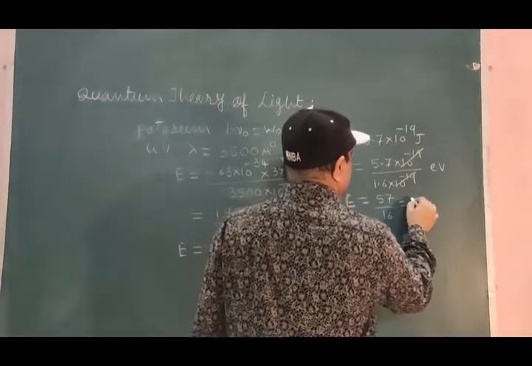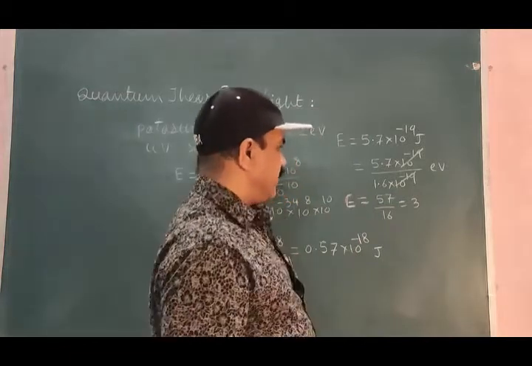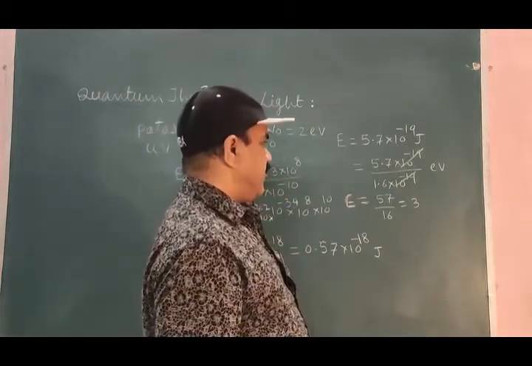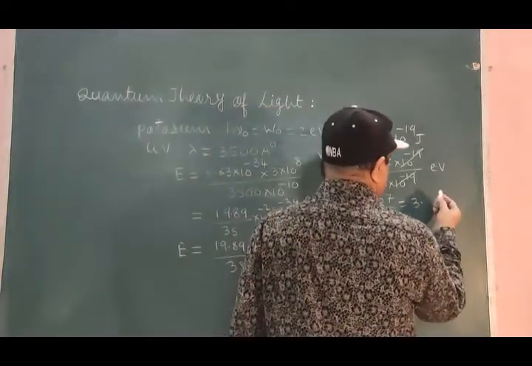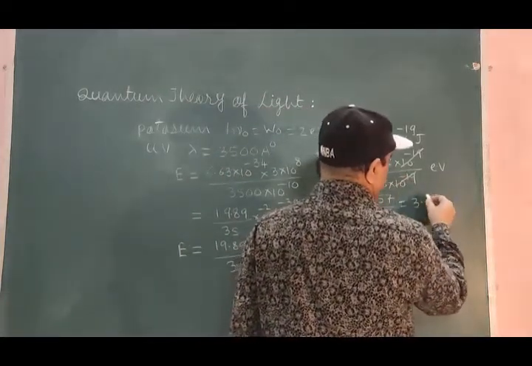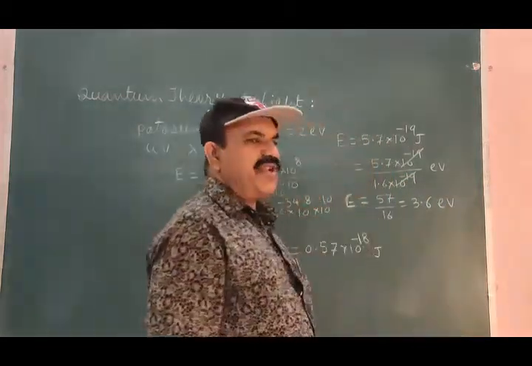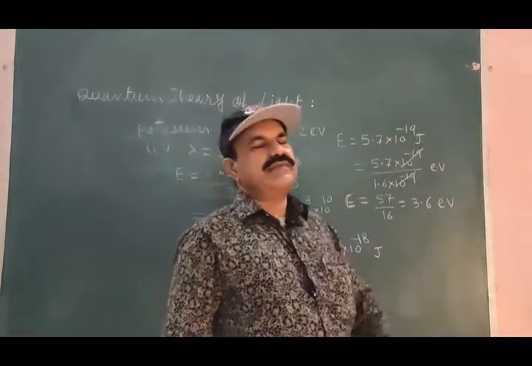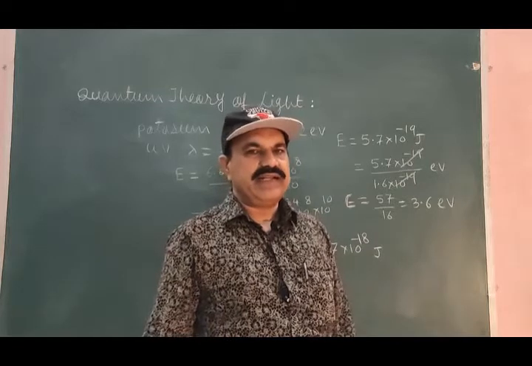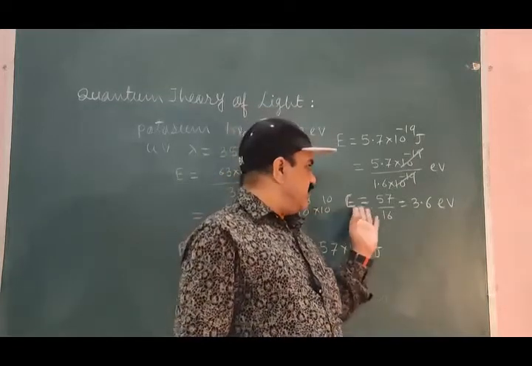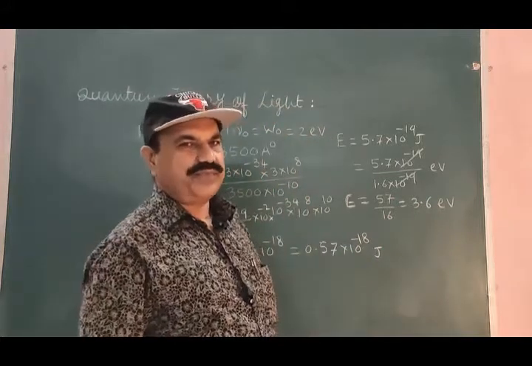16 3s are 48. 9 will be left. Take 0, 90. 5s are, some part will be left. So approximately after termination or rounding off more terms in the decimal in the fractional part, E will be approximately 3.6 electron volt.